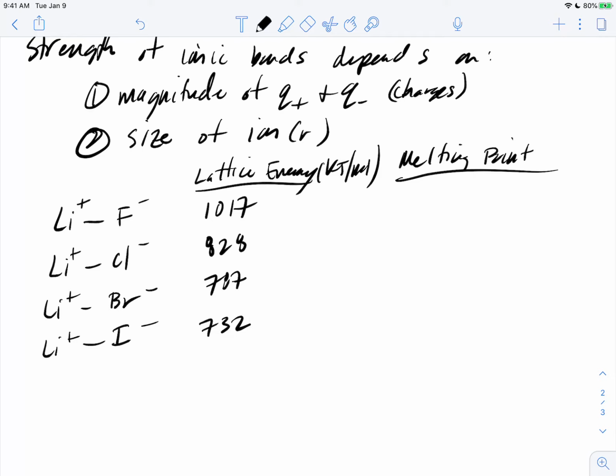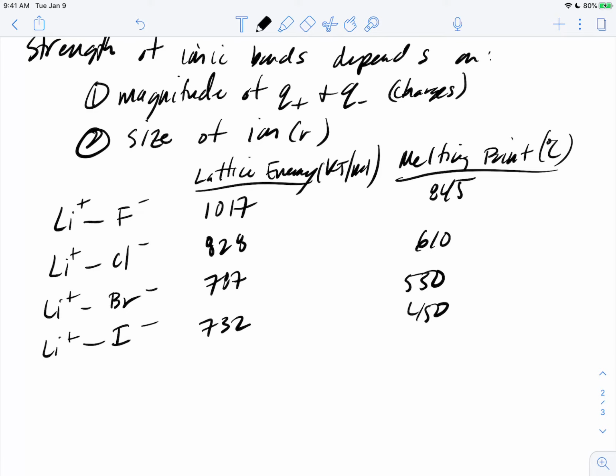For the melting points, we see the same trend: 845, in degrees Celsius, then 610, 550. You'll notice these are pretty high temperatures. You can melt salts, but it has to get pretty high. Sometimes people cook on a big salt slab, because you can get a piece of salt pretty hot before it melts.